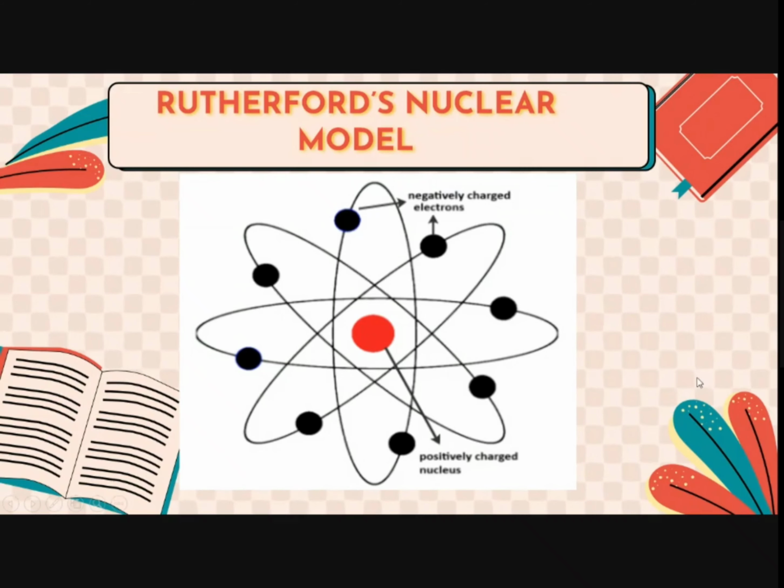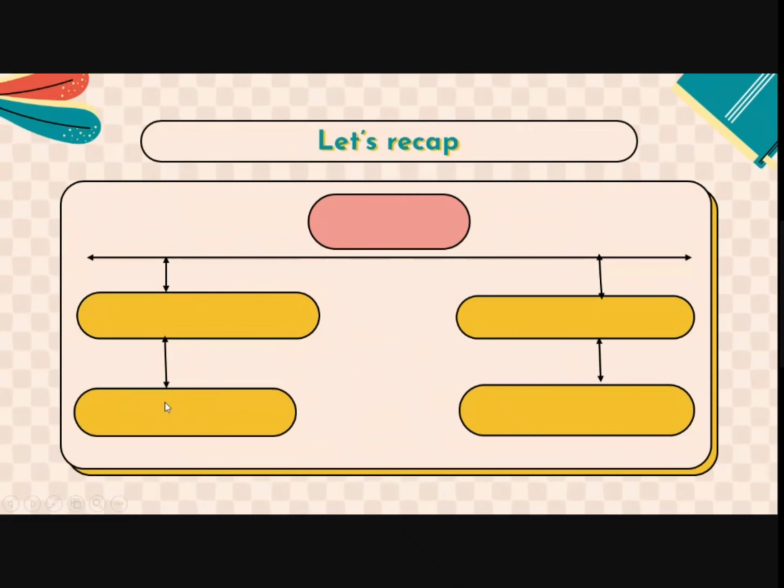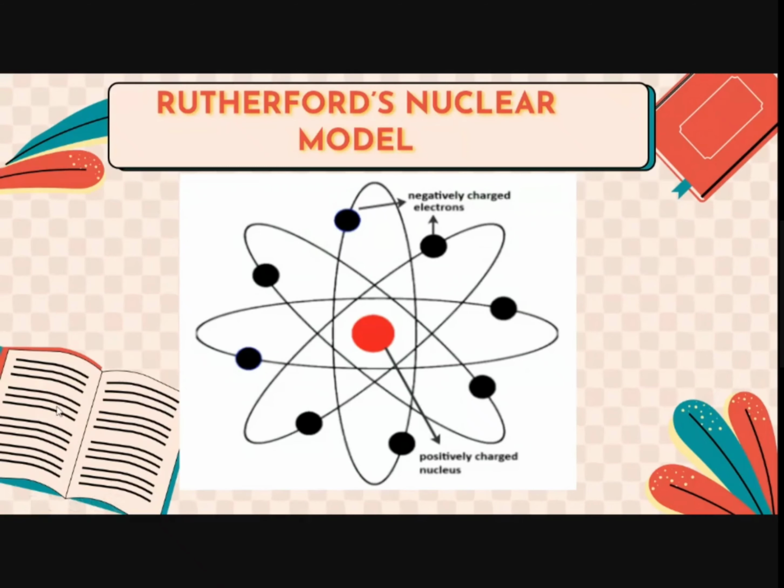So he came up with this red dot, which is the positively charged nucleus, and these black dots he assumed are electrons which are not present in the nucleus but around the nucleus, and they are revolving. And there's a lot of empty space if you can see over here.